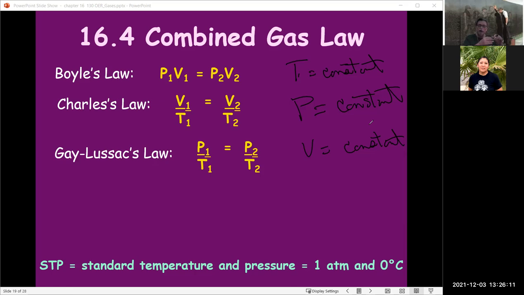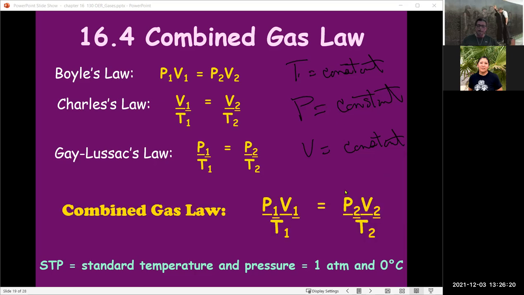pressure, or volume. Now, the cool thing about this is that we can combine these three laws, Boyle's Law, Charles' Law, and Gay-Lussac's Law, and come up with this relationship where you got P1 times V1 divided by T1, okay, is equal to the second set of conditions of pressure times volume divided by the second temperature, okay?